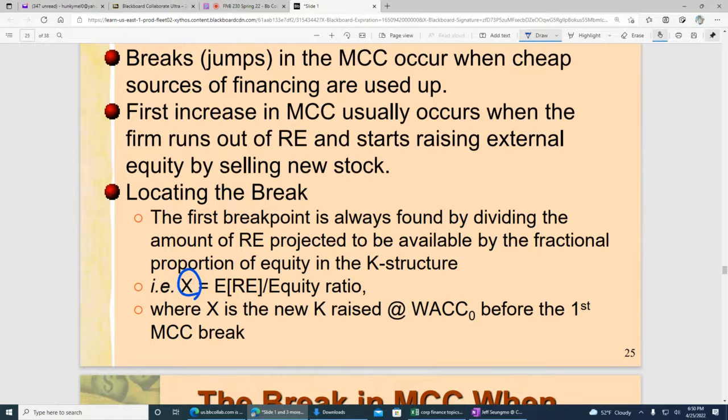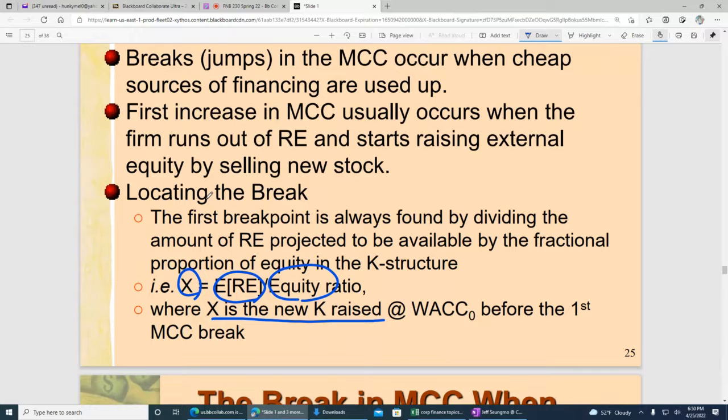If X is the new capital required, the new capital to be raised, then X is the retained earnings to equity ratio.